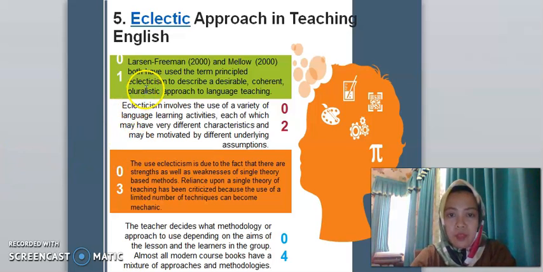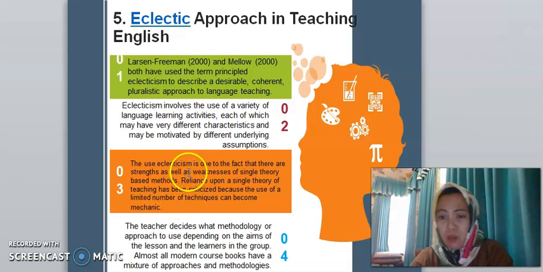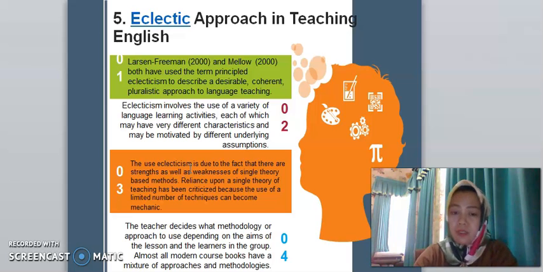Well, in the eclectic approach here, the students actually try to learn from different methods, and then the teacher tries to select which one is a good method to teach the students certain language skills.